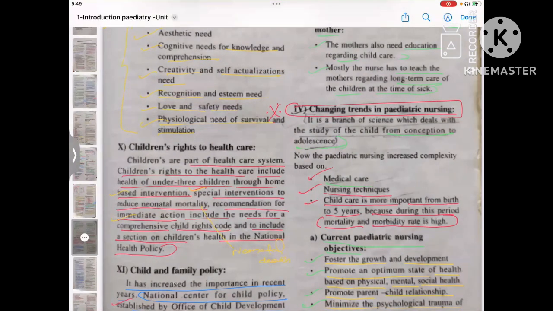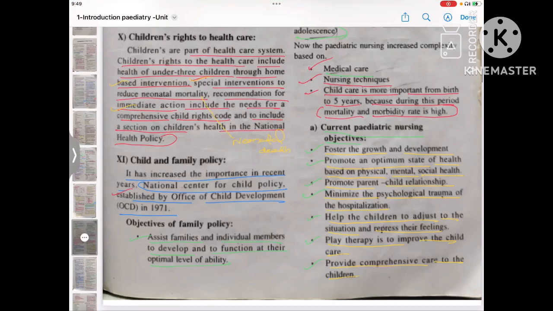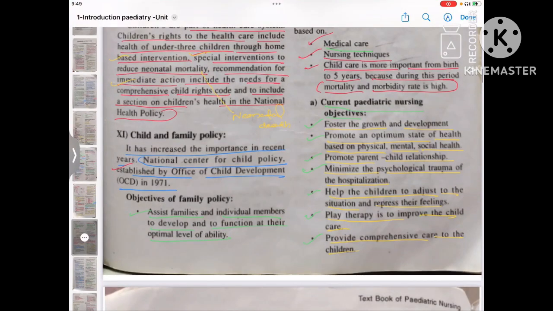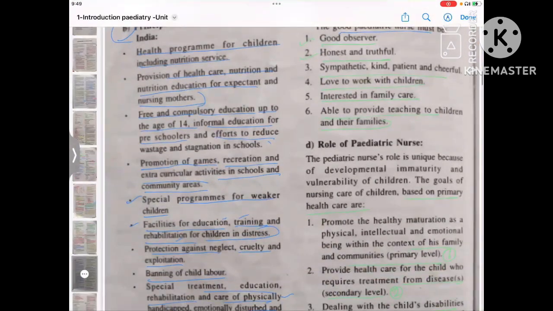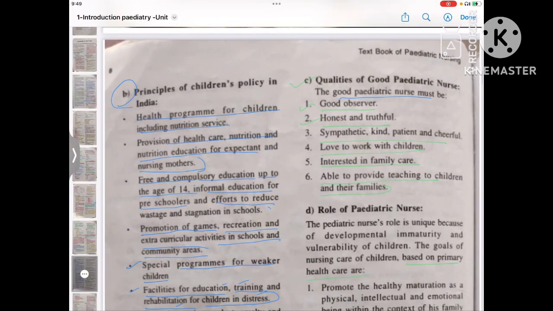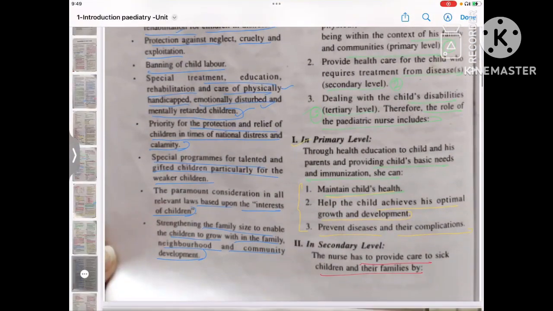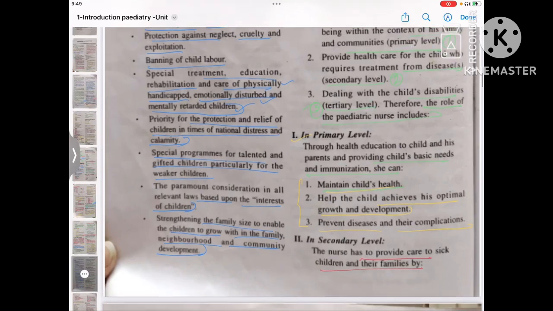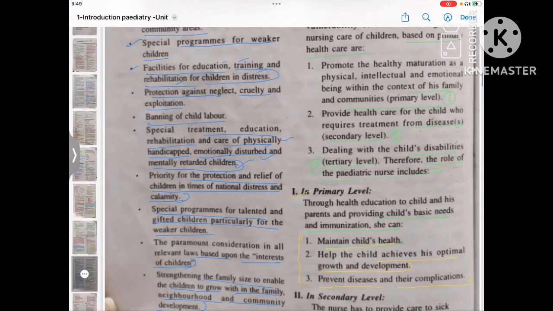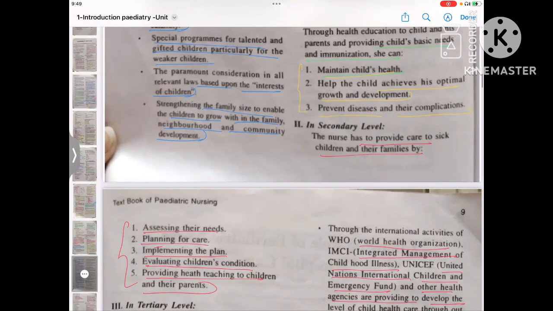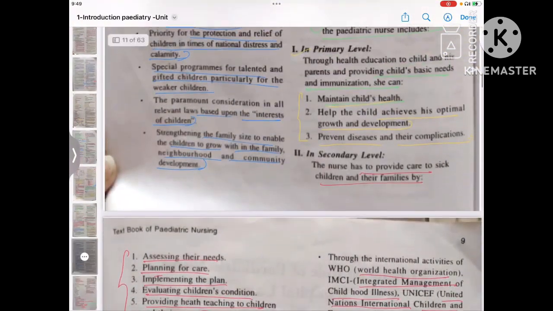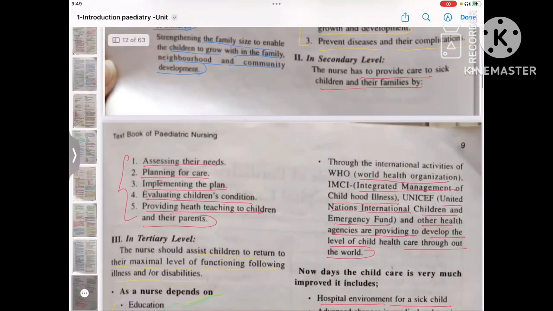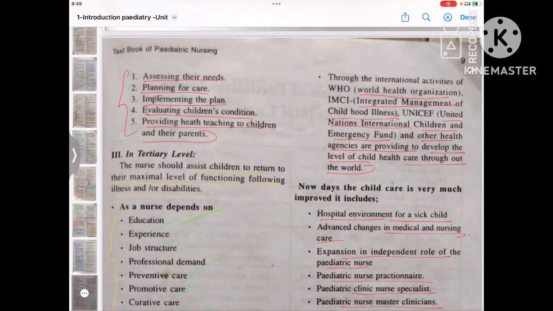While writing the exam, you have to mention the current pediatric nursing objectives, principles of policy in India, the qualities of a good pediatric nurse, and the role of the pediatric nurse at the primary level, the secondary level, and then the tertiary level. So this is about the current trends in pediatrics.